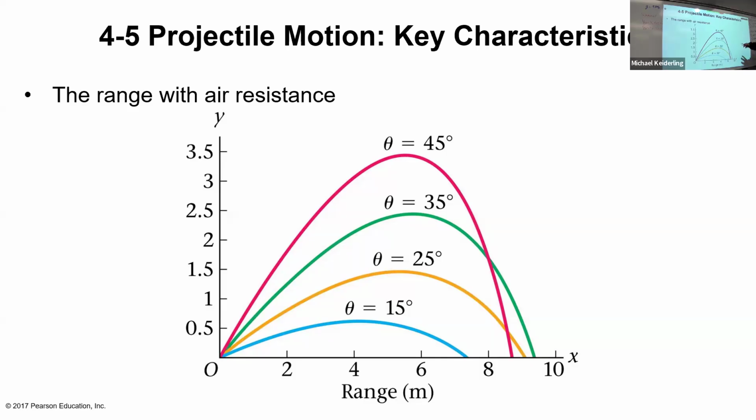But the calculations for that are horrible and ugly, and so we will not be doing them in this class. Because the air resistance depends on the square of the velocity, it turns into some really ugly calculus.